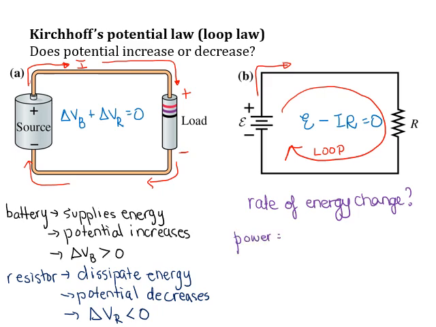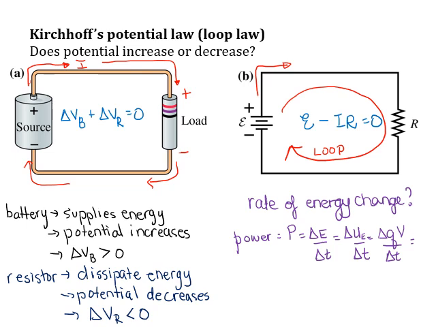So power has a symbol of P and a unit of watts. It's change in energy, delta E, over change in time, delta T. The kind of energy change we get in circuits is change in potential energy. We remember that potential energy is however much charge flows times whatever potential it flows through.